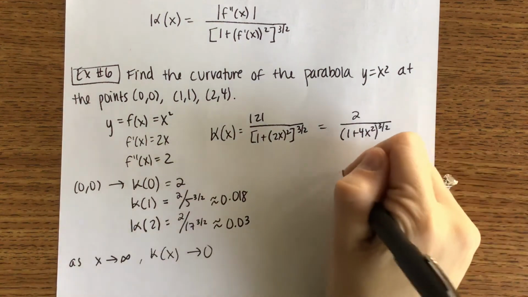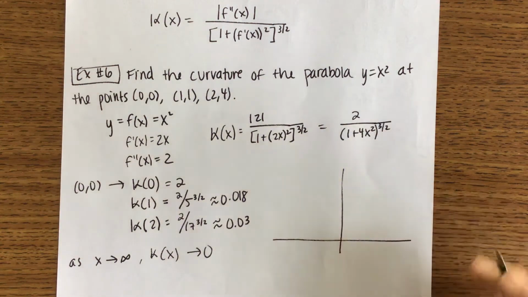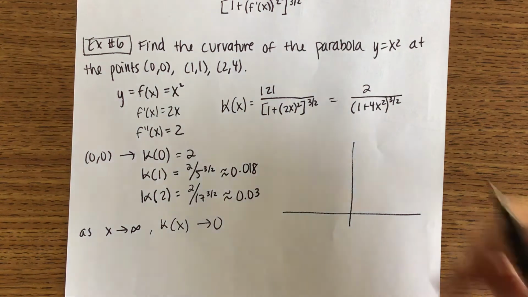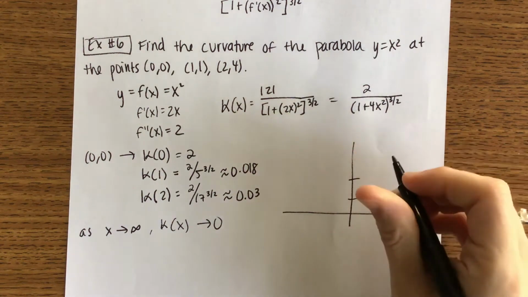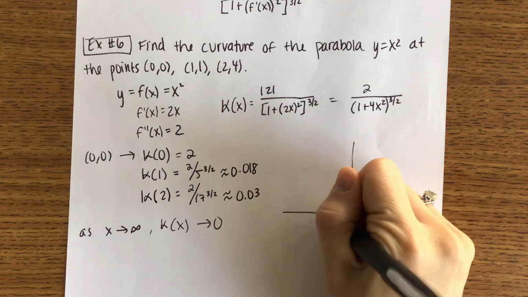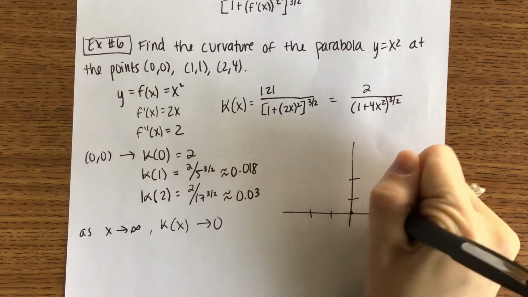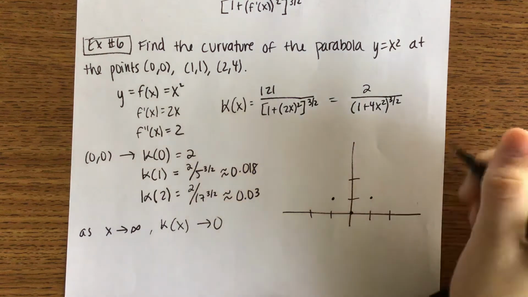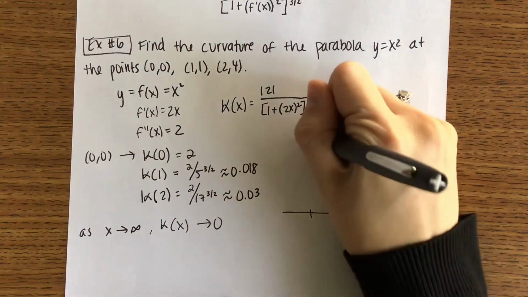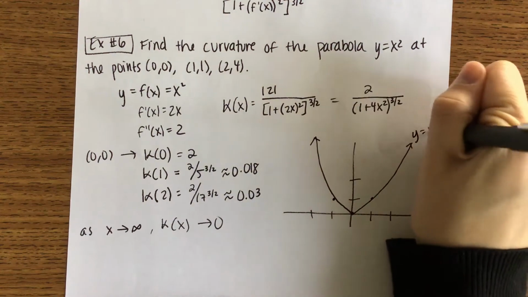So what I want us to do real quick is let's sketch the parabola, and then let's sketch the curvature function. So this is just our regular parabola of y equals x squared.